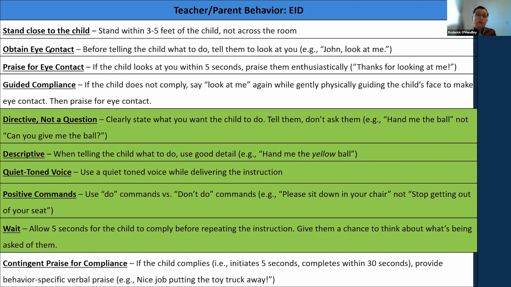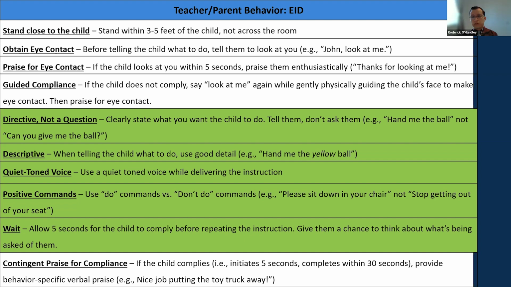Specifically, I encourage parents in particular to try to obtain eye contact before giving your target instruction. You don't have to do this. You should also think about what's developmentally appropriate, culturally appropriate, if this is something you want to emphasize. But the basic premise behind including something like this is you're giving them a really easy instruction to follow through with.